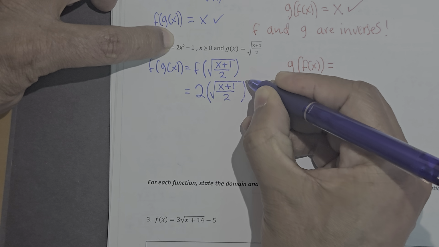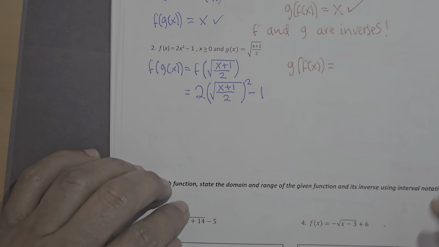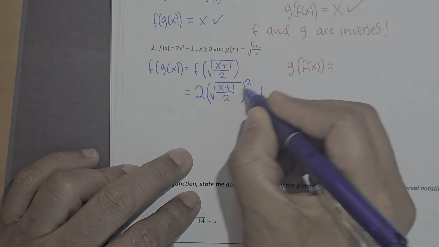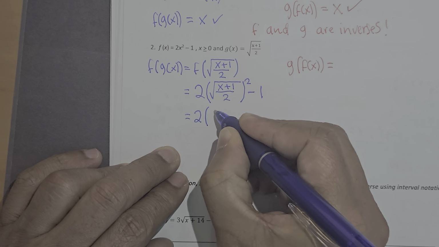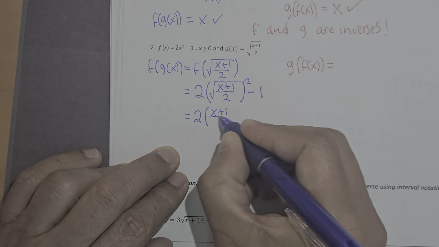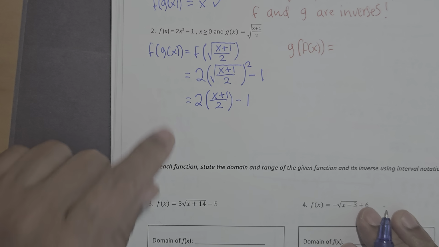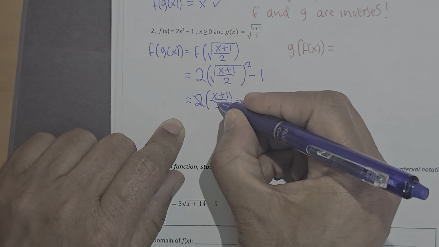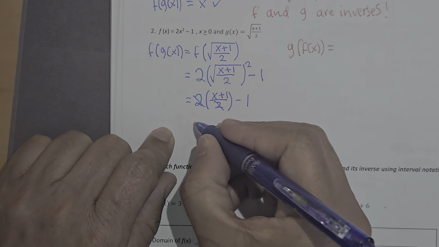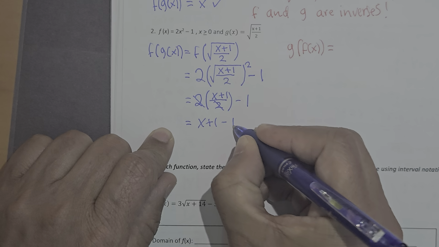Close the parentheses, then take the square and subtract 1. When you take the square of the square root, this is what we end up with: 2 times x plus 1 over 2, minus 1. Then this 2 and that 2 simplify because it becomes 1. So all that's left is the x plus 1, but we have this minus 1 waiting.